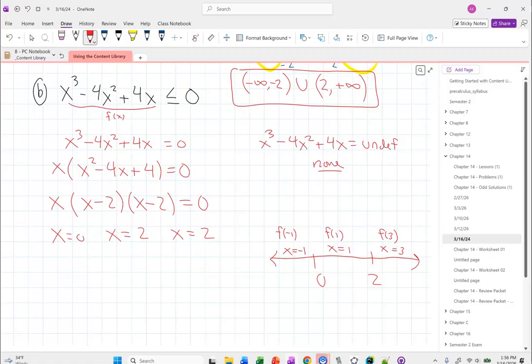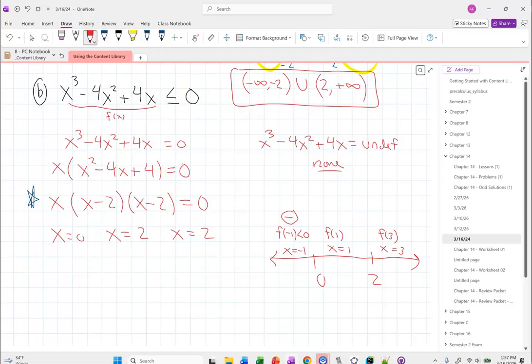Where am I going to think about plugging these into, though? I'm going to think about using the factored form, because it makes deciding whether it is positive or negative just easier to deal with, right? When I plug -1 in for x, I get a product of 3 negatives, which is a negative.